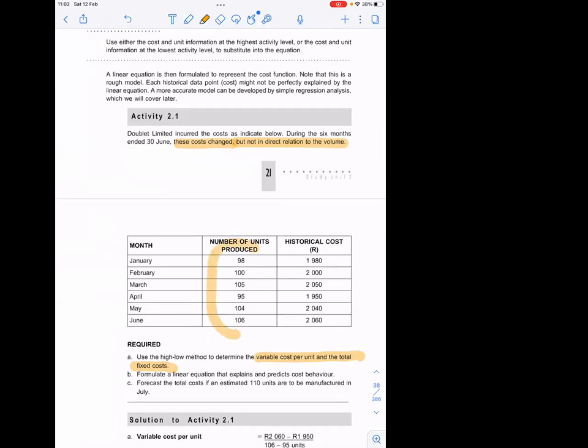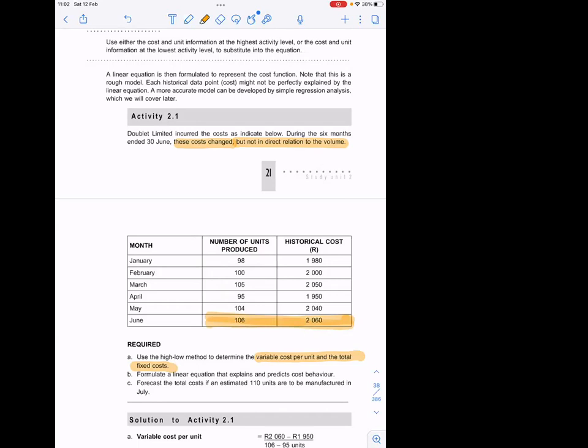So I'm going to look here and identify the highest and the lowest level of output, and I indicate them as the activities that I need. The rest I disregard using the high-low method. I check there. Now, the highest level of output is 106. I need also to identify the corresponding cost, because I will need that.